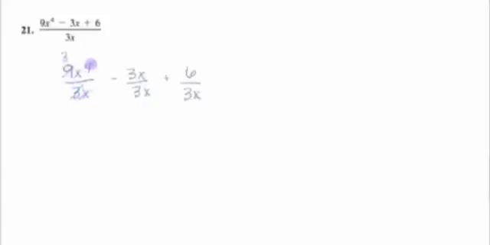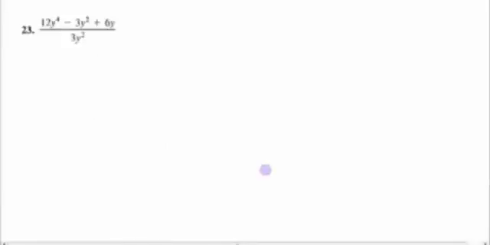X goes into x to the fourth 3 times. So I have 3x cubed for my first term, minus 3x divided by 3x is 1, plus 3 goes into 6 twice, and I have 2 over x.